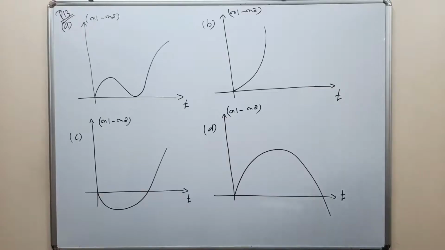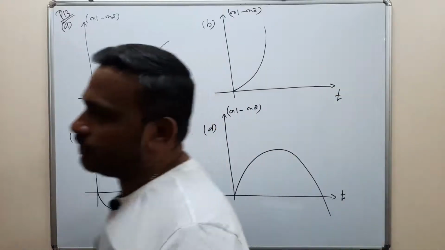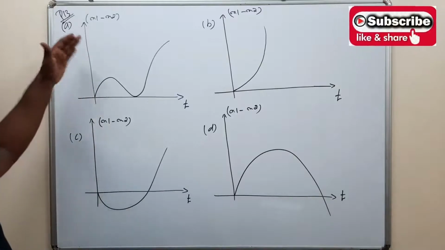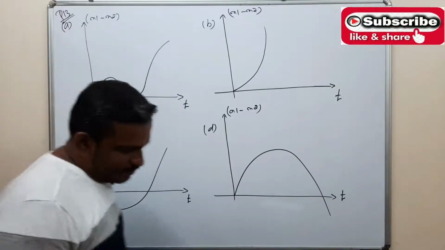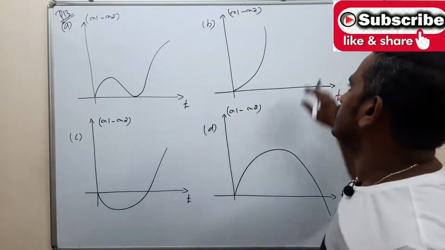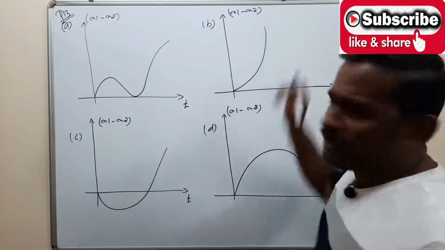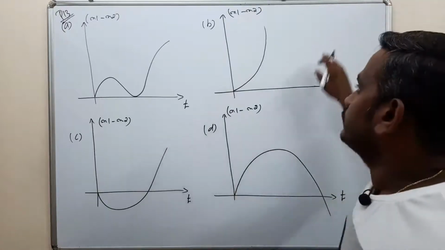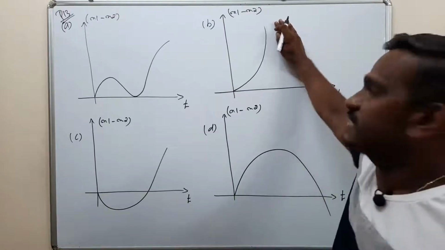In this question, the 4 options are given. So we have to clearly identify the x1 minus x2 versus time. The motion of two bodies is given. The first body starts from rest and moves with a constant acceleration.